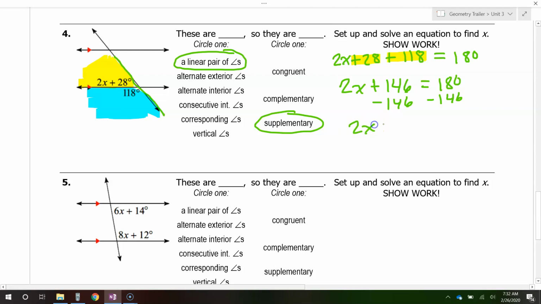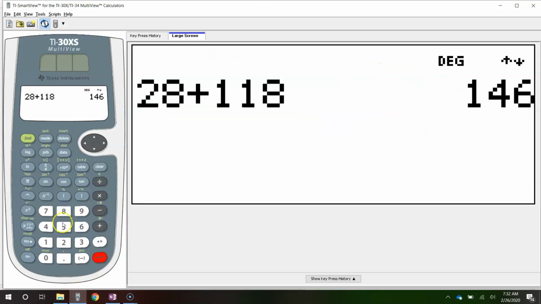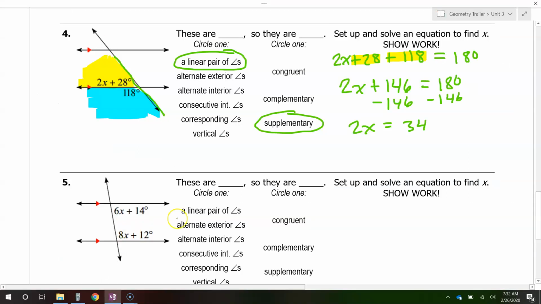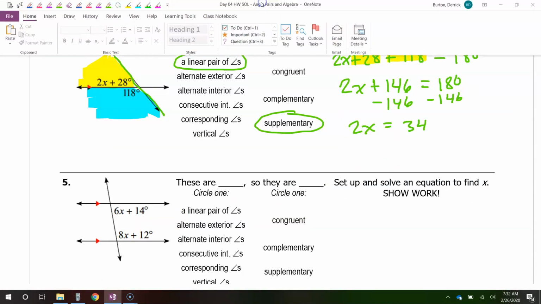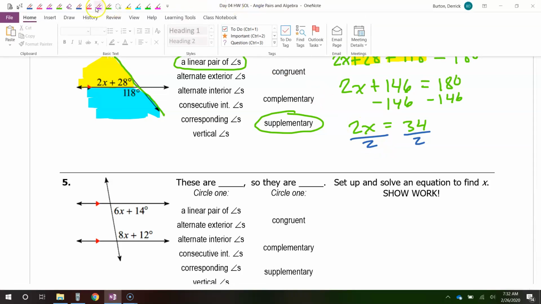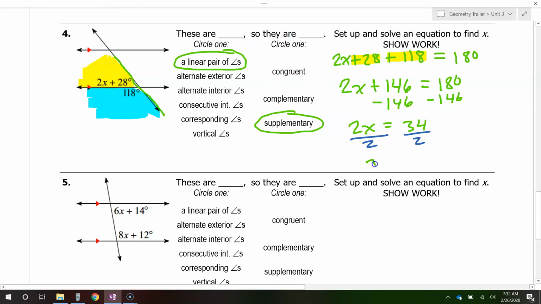So that's going to give me 2x is equal to 34. I'm doing 180 minus 146. And then finally, we need to divide both sides by 2. And that will get x by itself. And that will be 17.